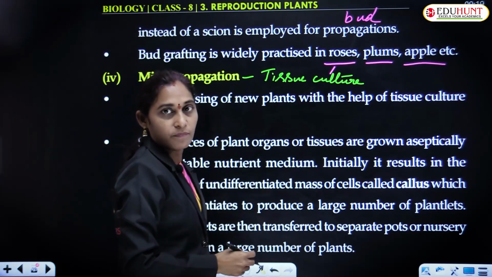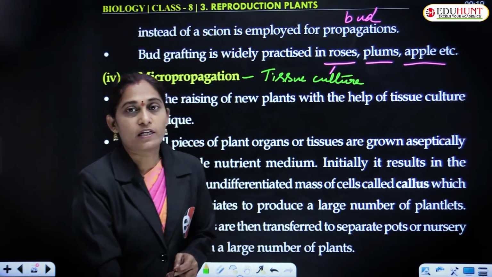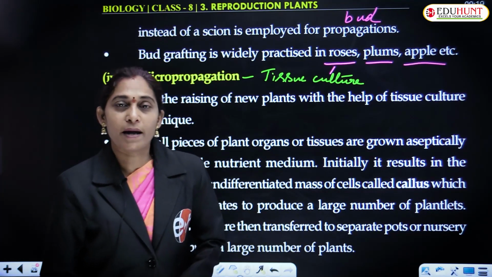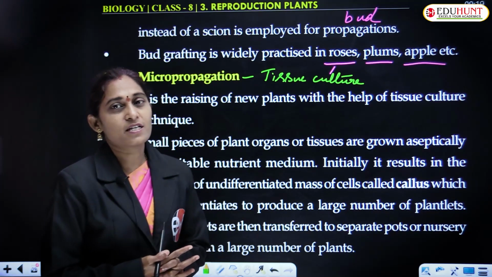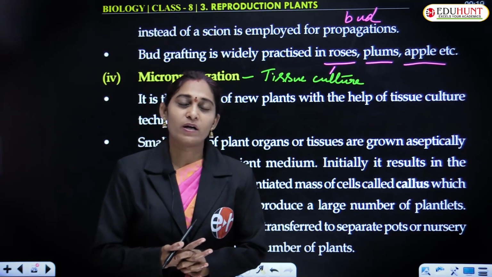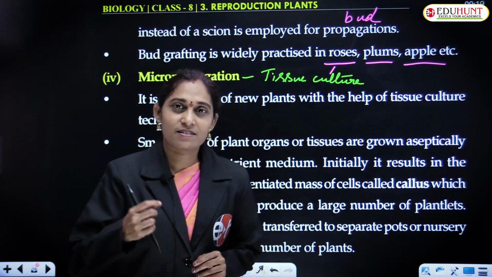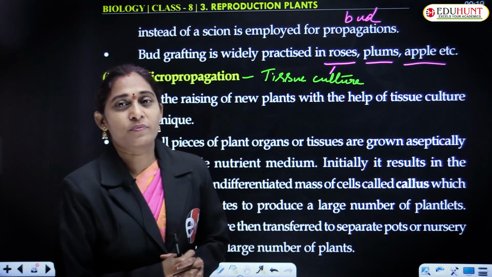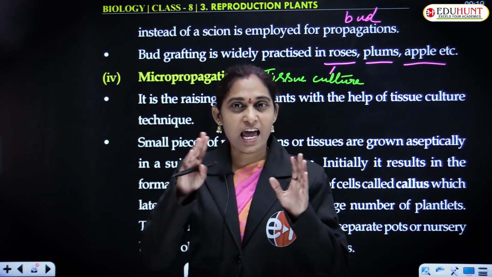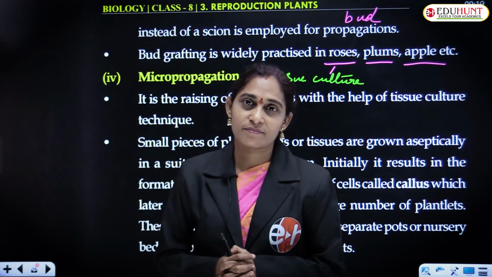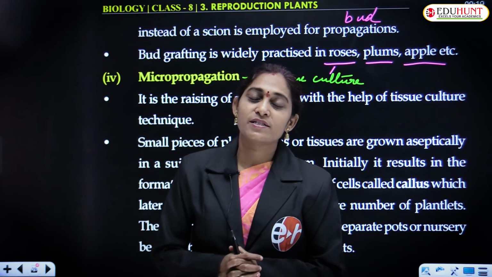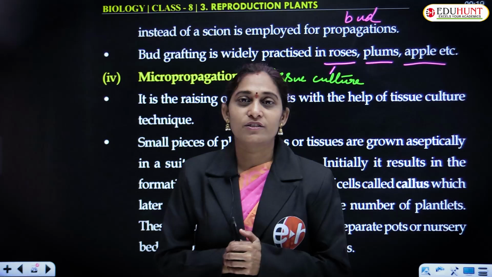How is tissue culture performed? What is meant by micropropagation? Propagation is multiplication. Micro means in a very limited space, that is, in the test tube everything is performed. In the laboratory itself it is done. So micropropagation is nothing but tissue culture.